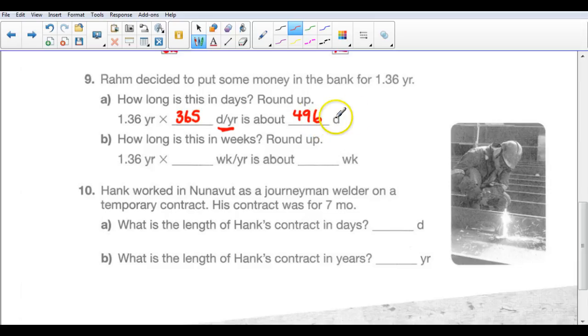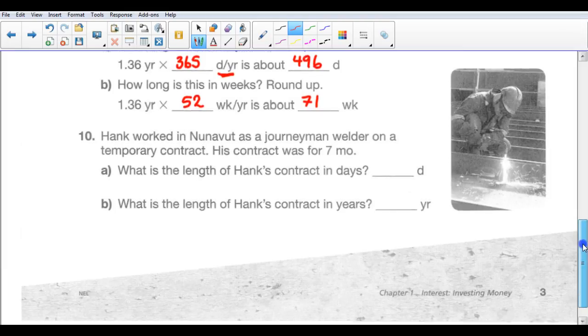You're going to get a decimal, but it just says round up. How long is this in weeks? Round up. Well, 1.36 years. How many weeks are in a year? We know there's 52 weeks in a year. So we're going to get 1.36 times 52, and it's about 71 weeks. Okay? Why are we doing this? Well, that's going to come up in a future lesson in this chapter.